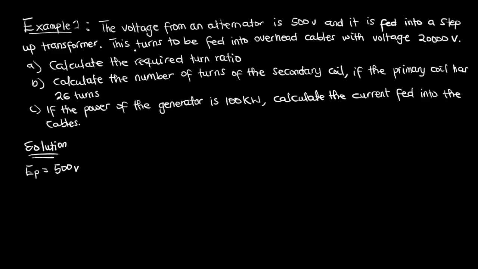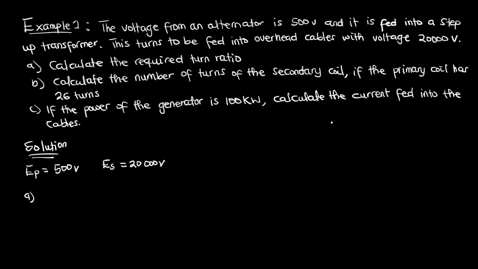Now, this is then fed into an overhead cable after the transformer has done its thing of stepping up the voltage, and the voltage is 20,000 volts. So our secondary voltage is 20,000 volts.